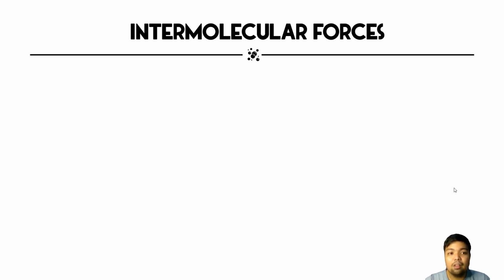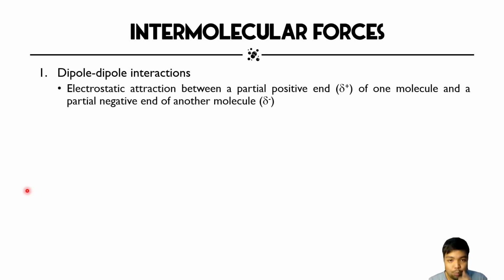So let's discuss first what a dipole-dipole interaction is. Now, a dipole-dipole interaction exists within a polar molecule. So what do we mean when we say a polar molecule? A polar molecule is a molecule that bears a partial positive and a partial negative part, okay?